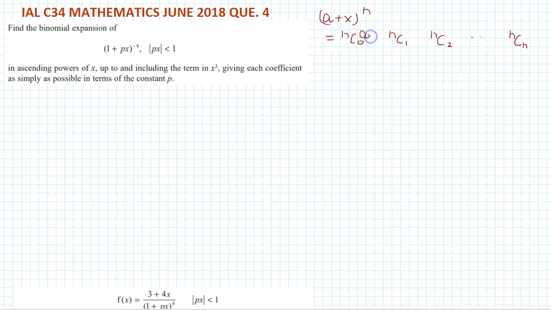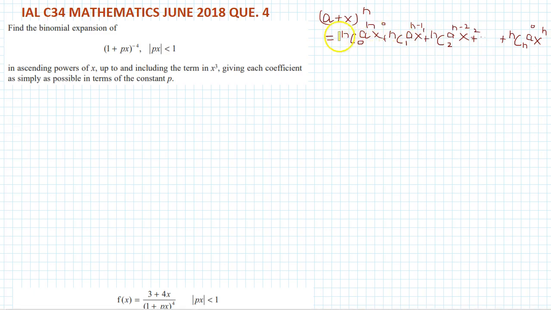Then a to the power n, a to the power n minus 1, a to the power n minus 2, a to the power 0. Then x to the power 0, x to the power 1, x to the power 2, and x to the power n, and plus, plus, plus.